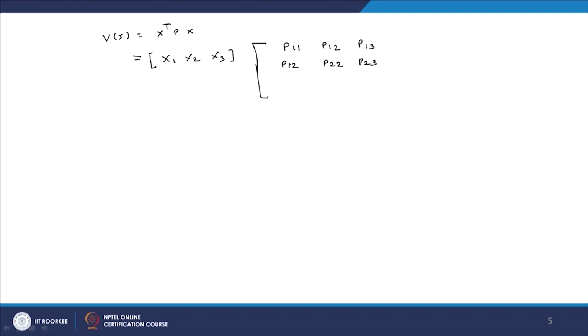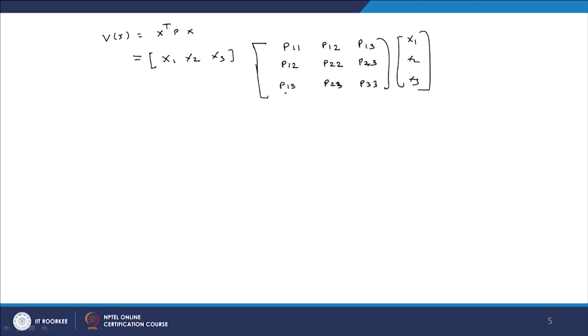Now the third row: P13, P23, P33, multiplied with the column x1, x2, x3. So x1, x2, x3 is x transpose, and here we find that P13 and P13 are the same, P12 and P12 are the same, P23 and P23 are the same.